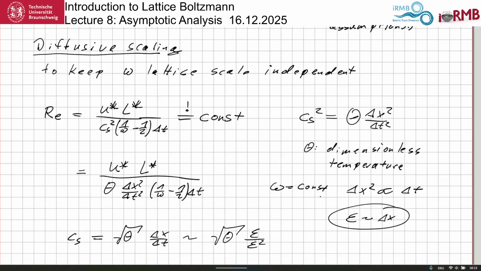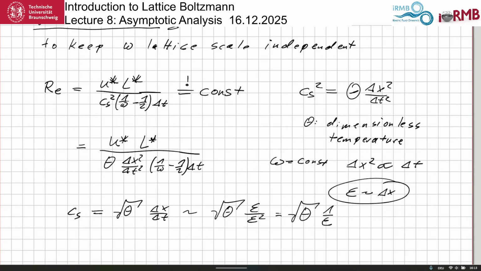This becomes 1 over epsilon, which implies that in the limit of epsilon to 0, C_s is infinity.